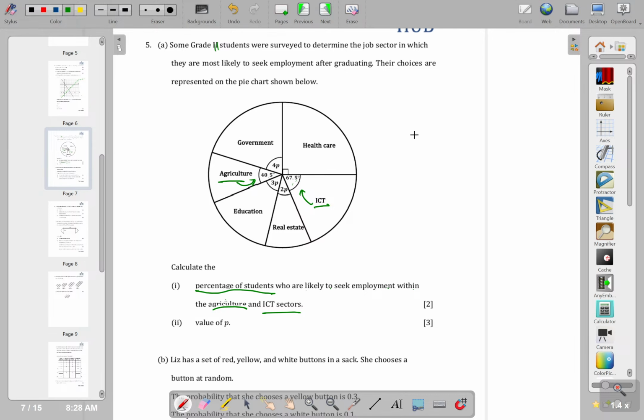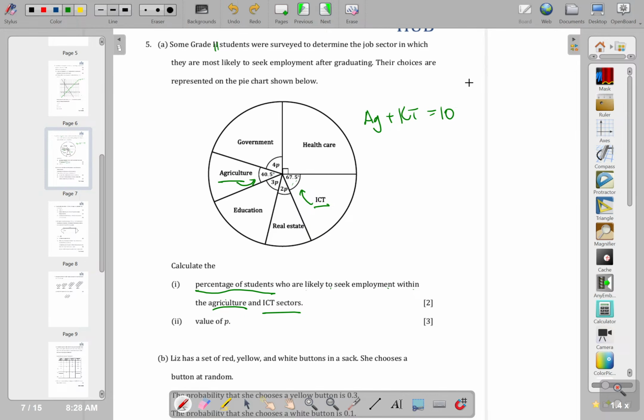Now, I can find the total amount in terms of angles for agriculture and ICT, yeah? That looks like it's going to be 108 degrees. That's the degrees. How can I translate that to percentage? Well, they're sharing an entire 360 degrees. Yeah? So for me to find the percentage, I'm just going to put this over the total degrees.